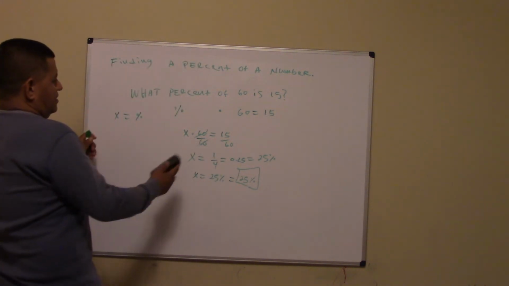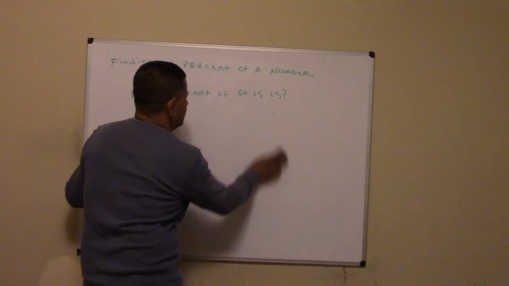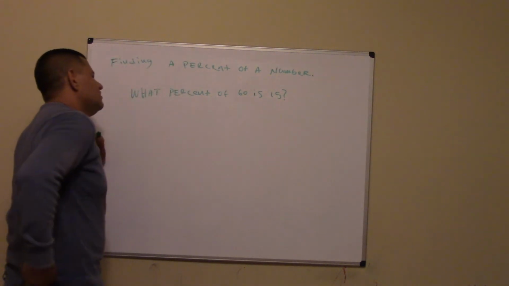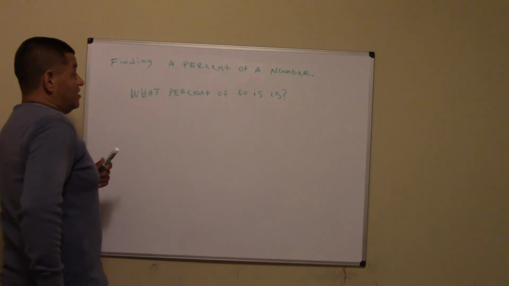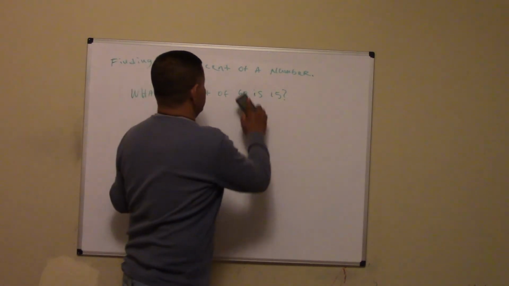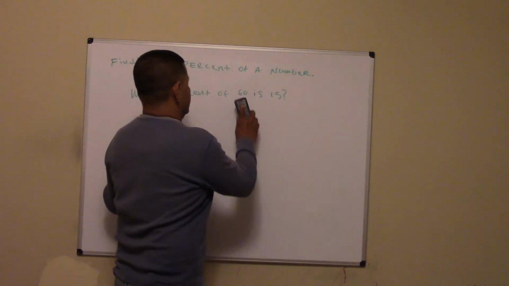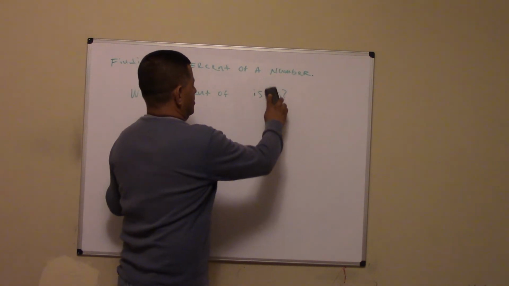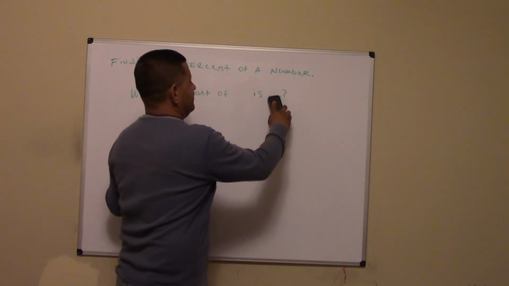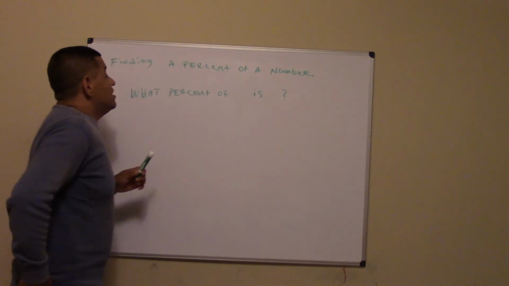Okay, so let's replace those numbers with something else. Let's do another number that is not quite the same as this one, that is not evenly divisible.